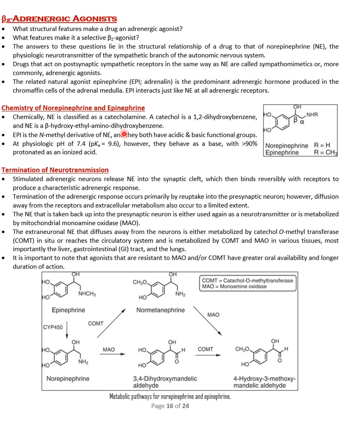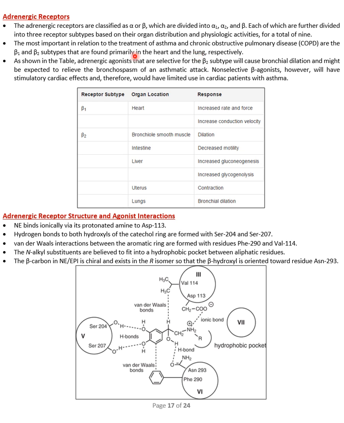Okay, so as you know, there are two types of autonomic systems, the parasympathetic and the sympathetic. The parasympathetic one is the one that has the cholinergic system, and then there's also the sympathetic one, which has the adrenergic system or adrenergic receptors.